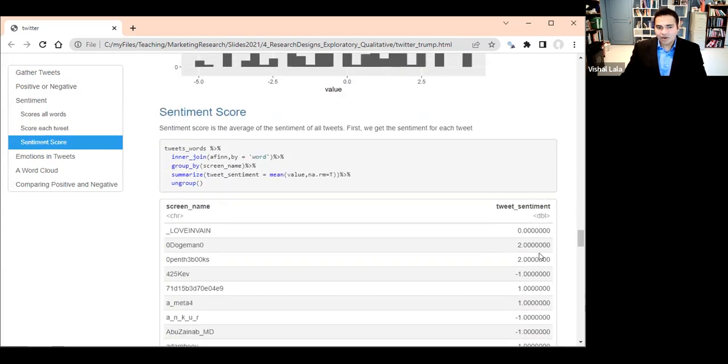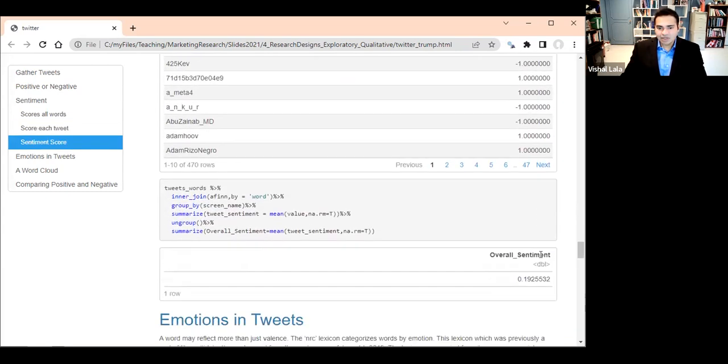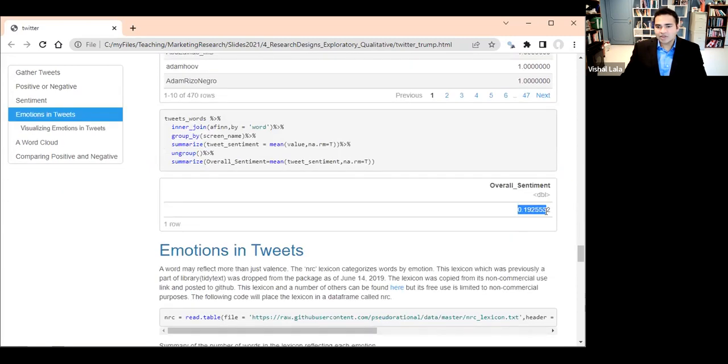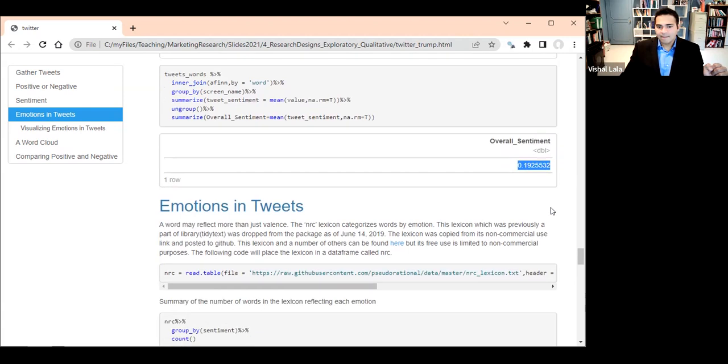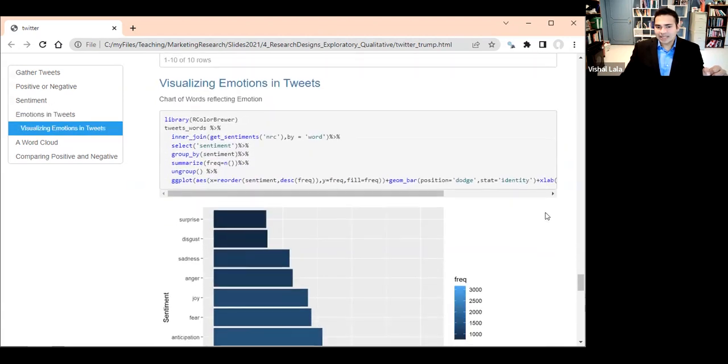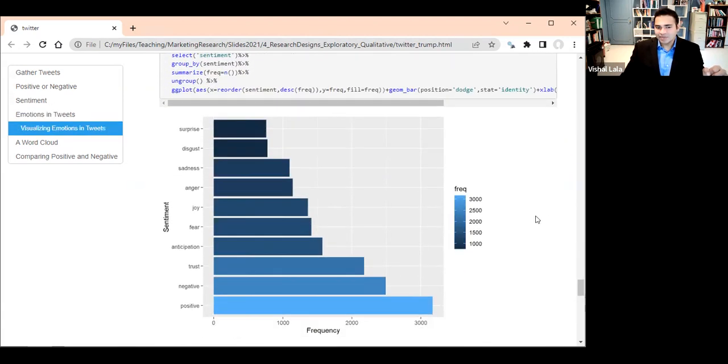Our sentiment score here comes out to be 0.19 overall, telling us people are slightly positive in tweets regarding Elon Musk. We can also learn about emotions in these tweets as follows. We can see that the tweets have emotions like trust, anticipation, and fear more so than joy, but more anticipation and trust than fear.